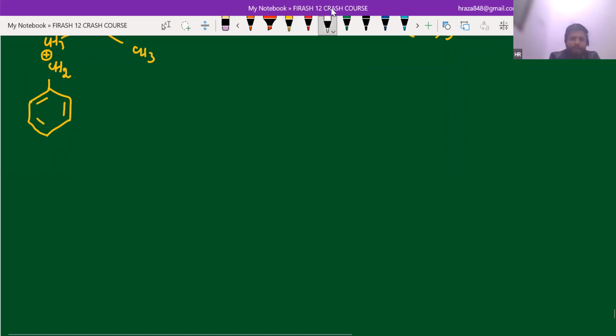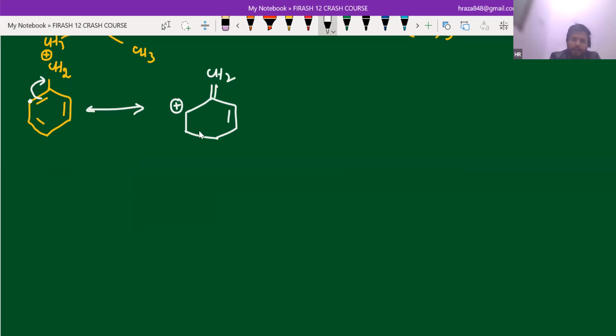As you can see, this bond will be moving to this, and since this carbon is giving its electron, it will now have positive charge, and there was already a single bond, so it will become double, and the rest are like this. Again, this will move to this, so positive charge will come to this, and the double bond moves to this. Again, this will move to this, so positive charge will be there.